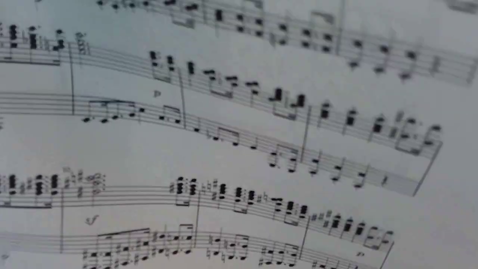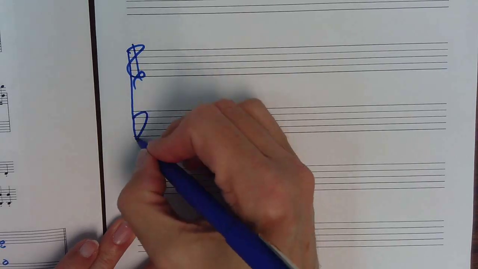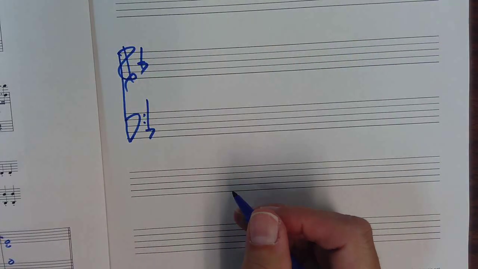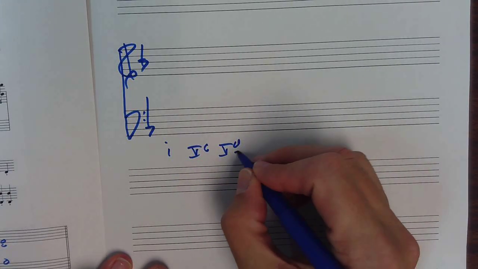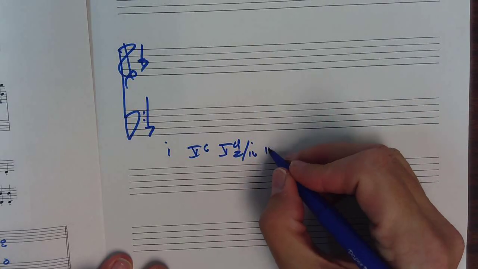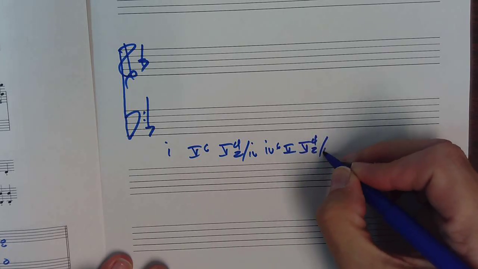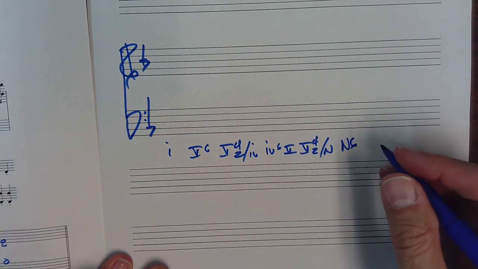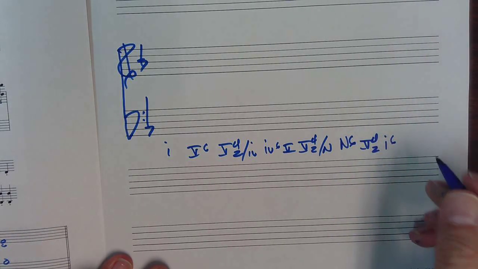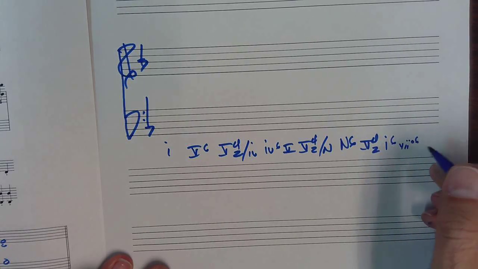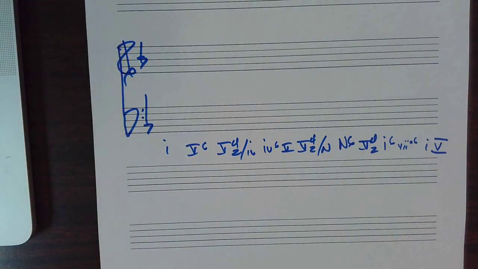So we've got D minor, and we got 1, 5-6, 5-4-2 of 4, 4-6, 5, 5-4-2 in Neapolitan, Neapolitan 6, 5-4-2, 1-6, 7 diminished 6, 1, and we end on 5. Okay, so we're in D minor.